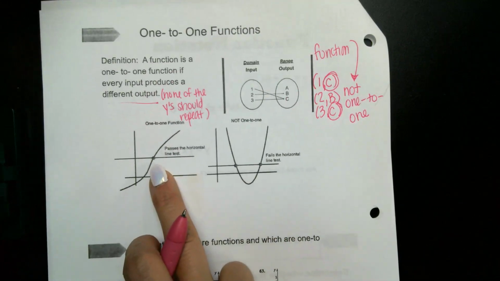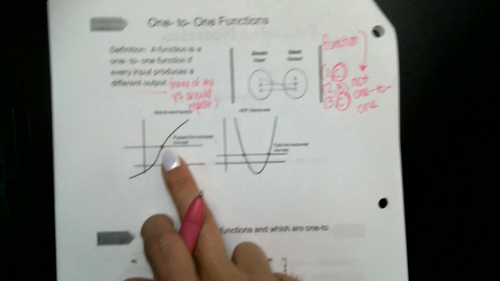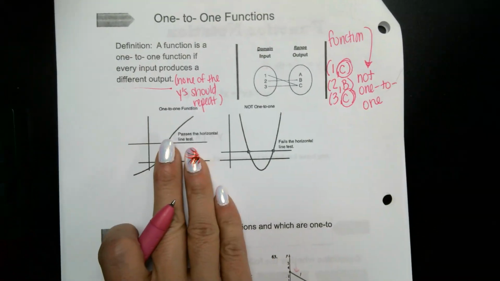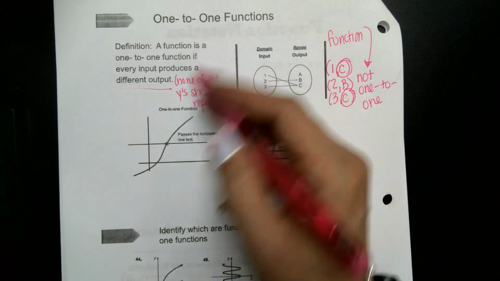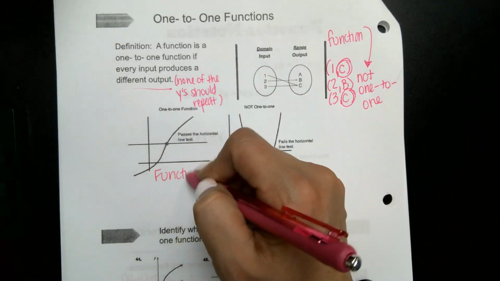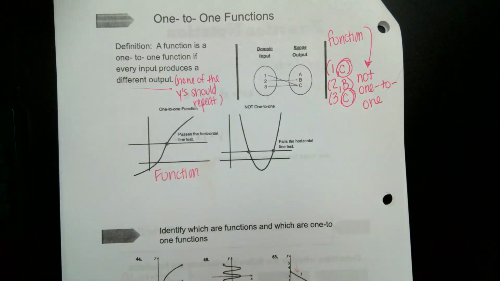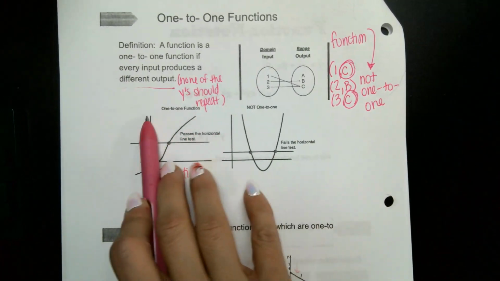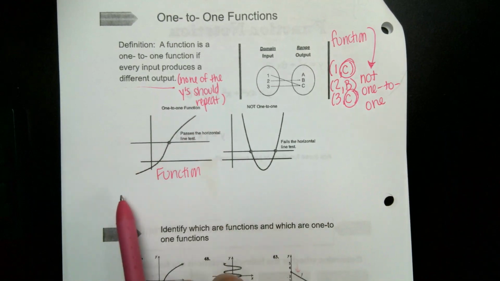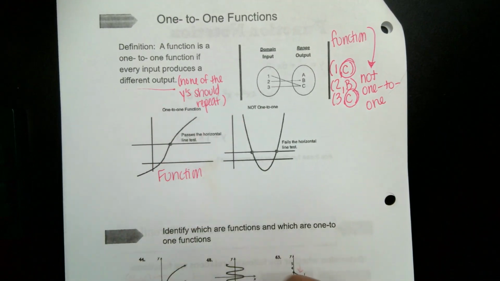Okay, so then this one. We already know that this is a function, okay? So it's a function because none of our x values would repeat. But then, are any of our y values the same? So if you were to draw these horizontal lines, are any of the y's going to fall on the same line?